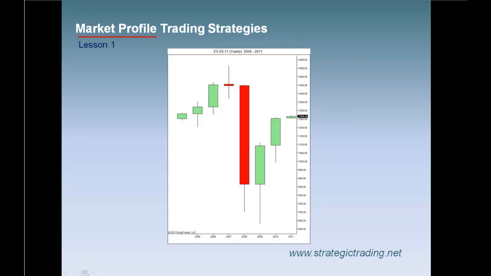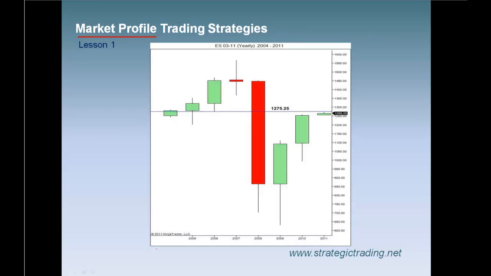So let's take a look at a key power line that I want you to focus on in this chart. The key power line, and we're looking at the ES Mini futures. If you take a look at this number, 1275.25, why is this a power line?